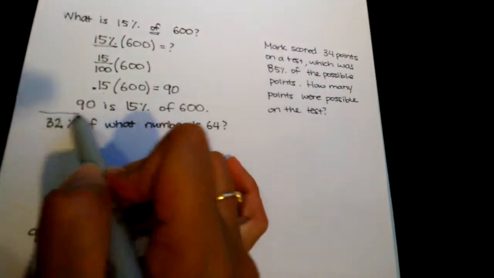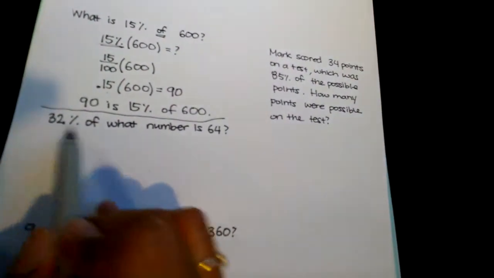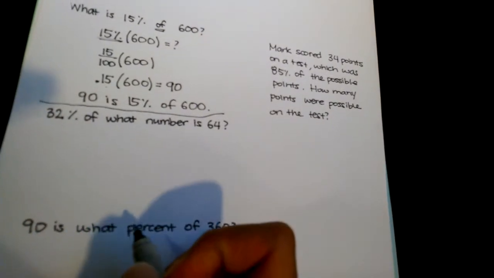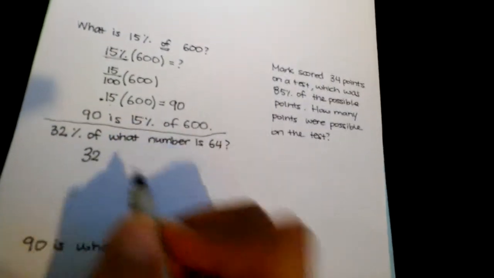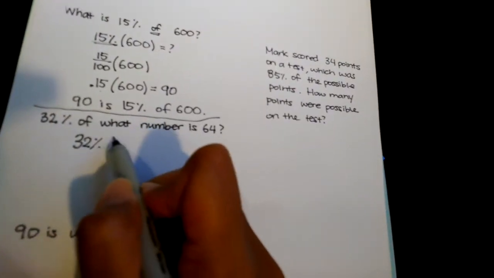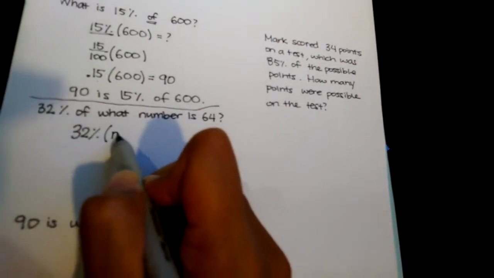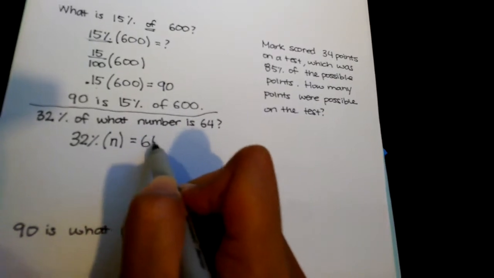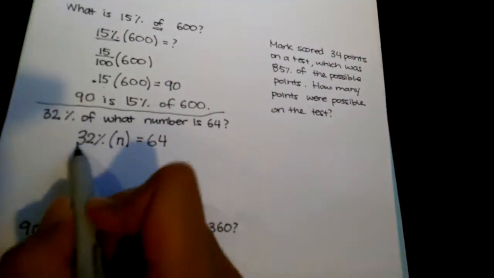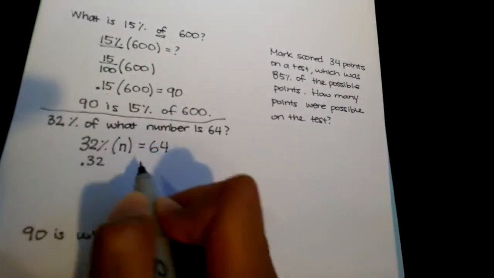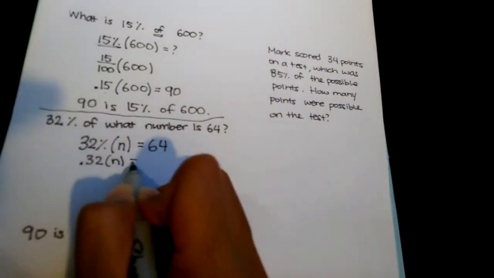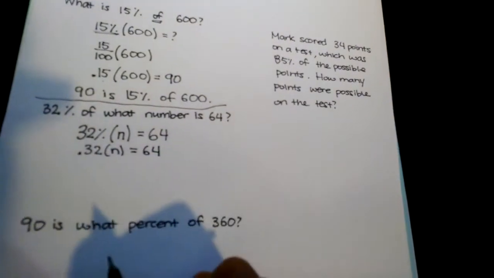That leads us into the next one: 32% of what number is 64? It's kind of the same setup, but different things are missing now. So 32% of what number, let's say n, equals 64, and we have to solve for n. First convert the 32% into a decimal, so 0.32 times n equals 64.